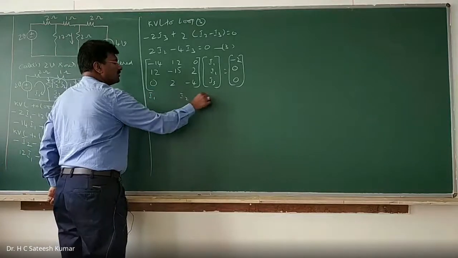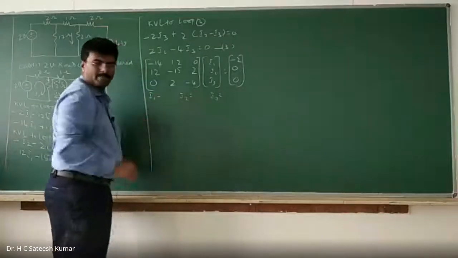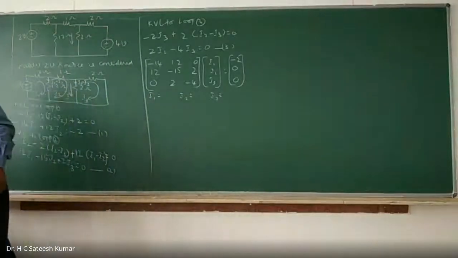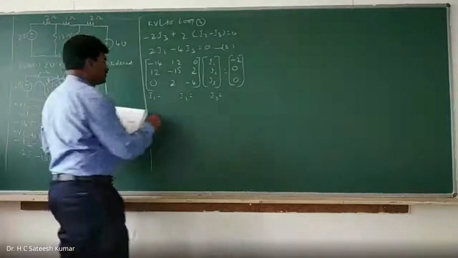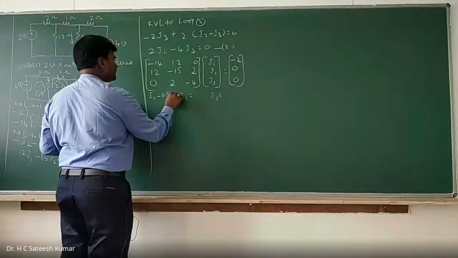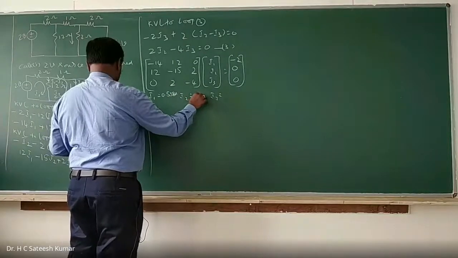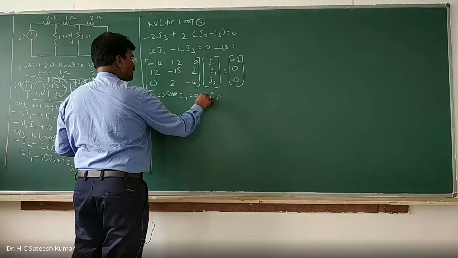I1 is 0.538 amps, the right answer. I2 is 0.46 amps. So it is the right answer.